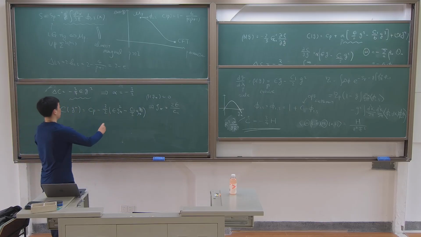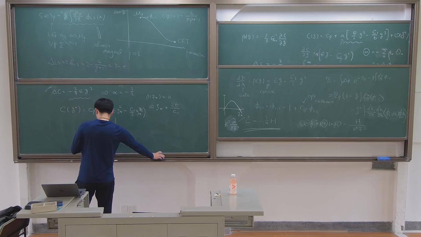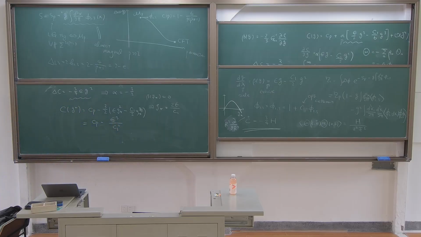And plug that into here, this is equal to C minus 3 over 4 squared epsilon cubed over C1 squared.